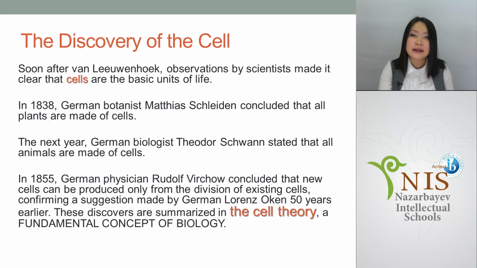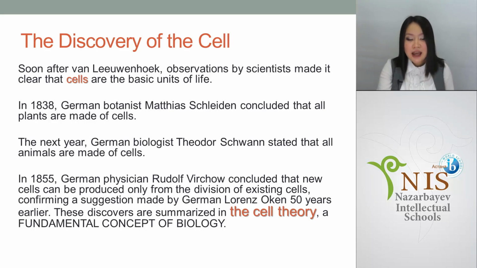In 1838, German botanist Matthias Schleiden concluded that all plants are made of cells. The next year, German biologist Theodor Schwann stated that all animals are made of cells.